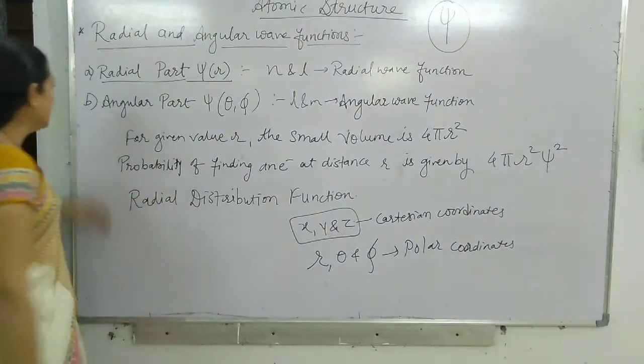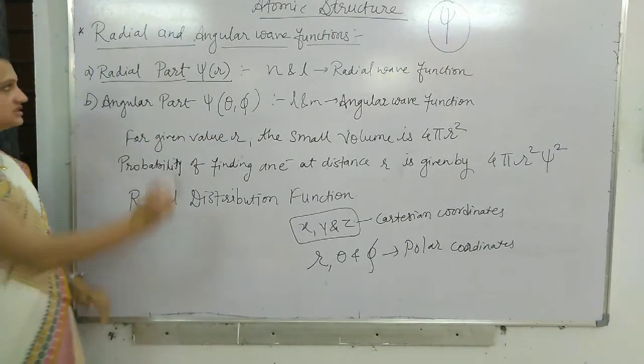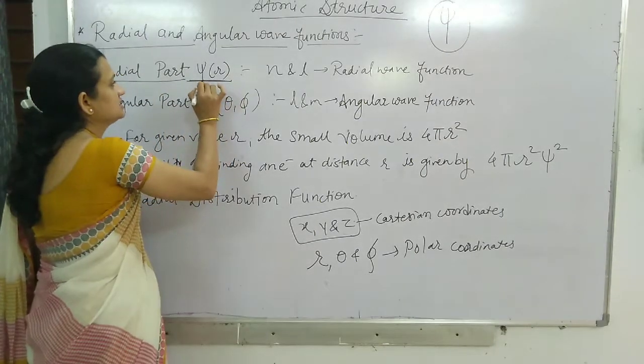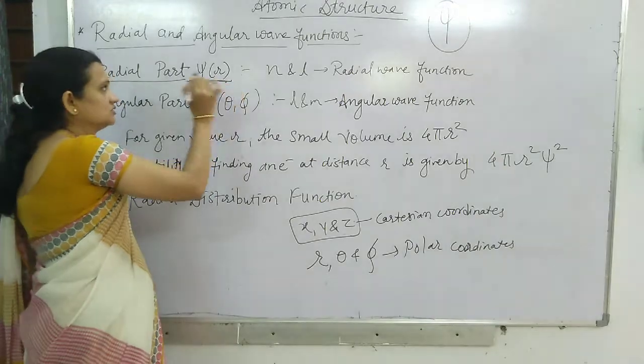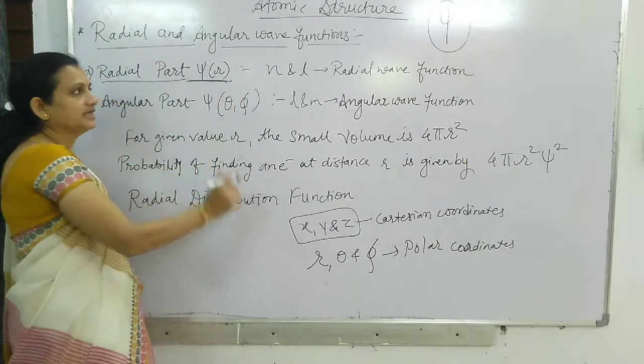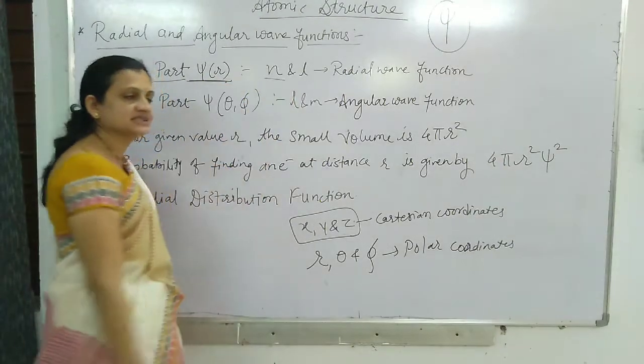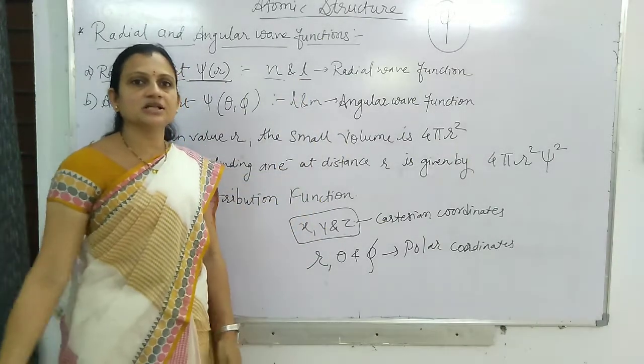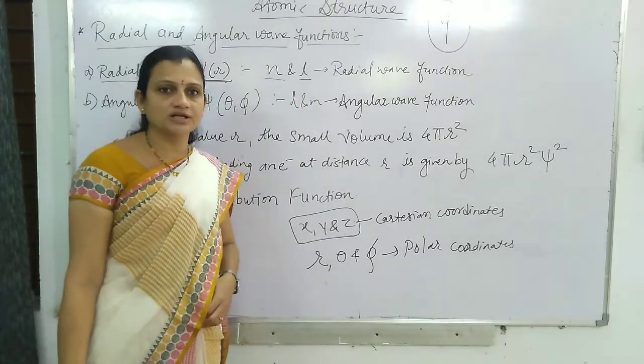The first part is the radial part, which is denoted by psi of r. This radial part depends upon n, the principal quantum number, and l, the azimuthal or angular momentum quantum number.